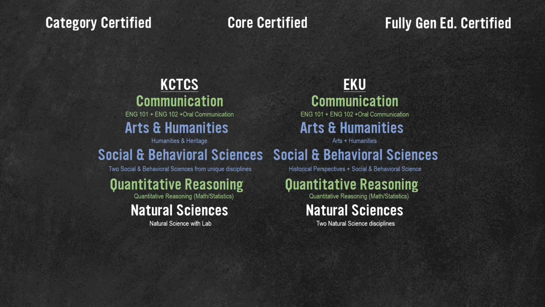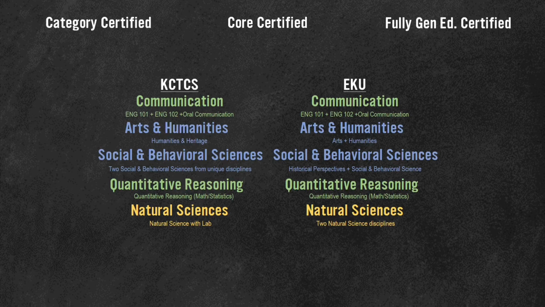Lastly, while the specific type of requirement may vary between categories, they may also vary in number. For example, KCTCS requires students to complete a natural science course and science lab to earn their category certification. EKU requires students to complete 2 natural science courses from different disciplines.